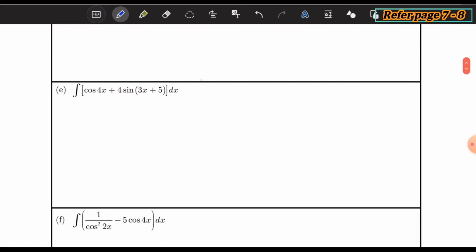E. Integrate cos 4x plus 4 sine 3x plus 5 with respect to x. We need to integrate one by one.